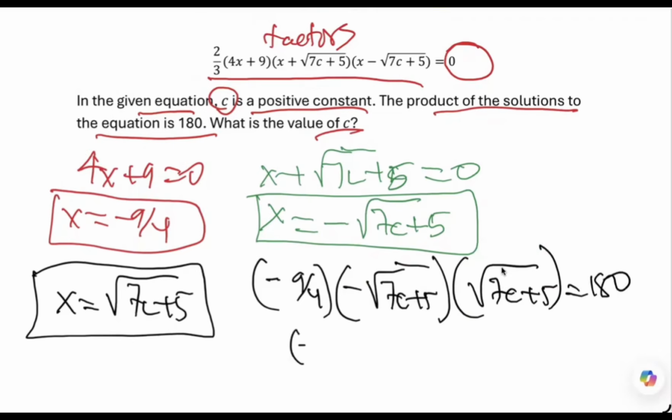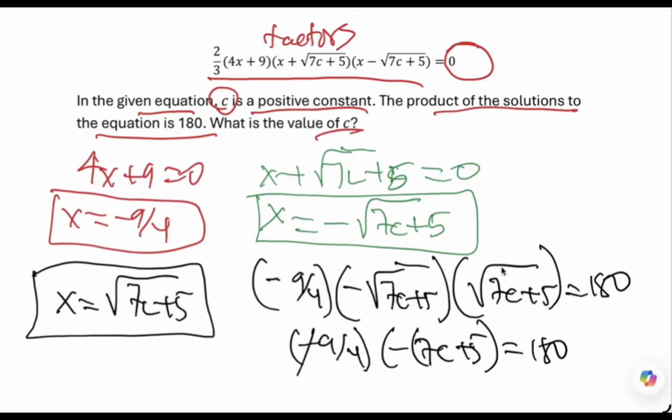That means negative 9 over 4 times negative, this will be what? 7c plus 5 is equal to 180. Then you solve it. What do you think will happen? This cancels that, right?